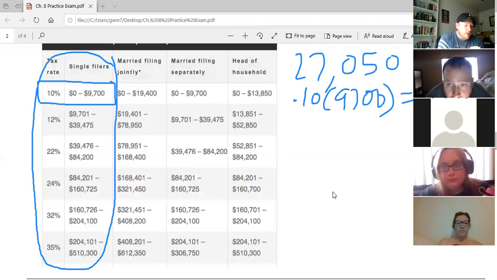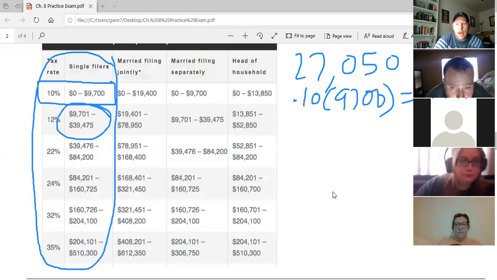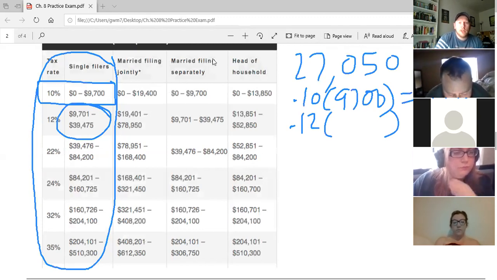But then from $9,701 to $39,000, which is more than he has, he pays 12%. So it's 12% of the rest of what he's earning. So the rest of what he earns is the $27,050 minus the $9,700 that he has already paid.